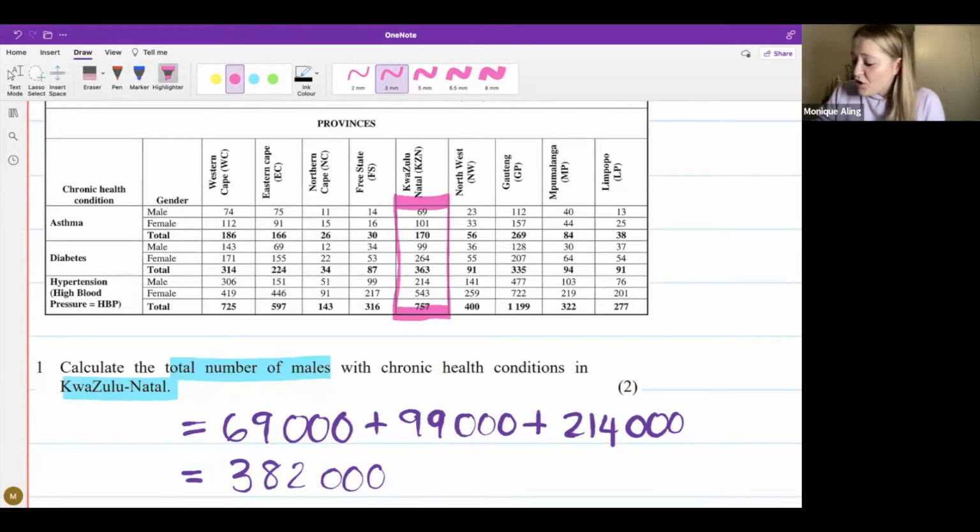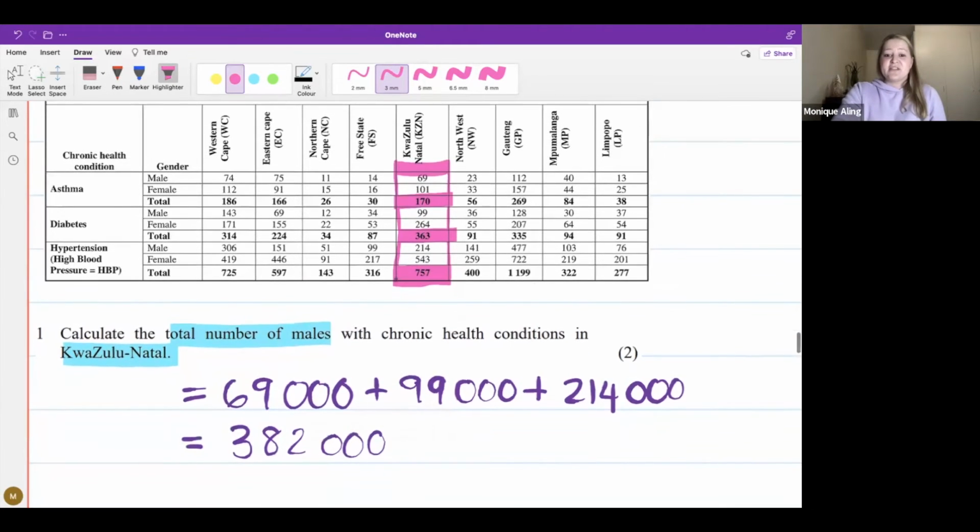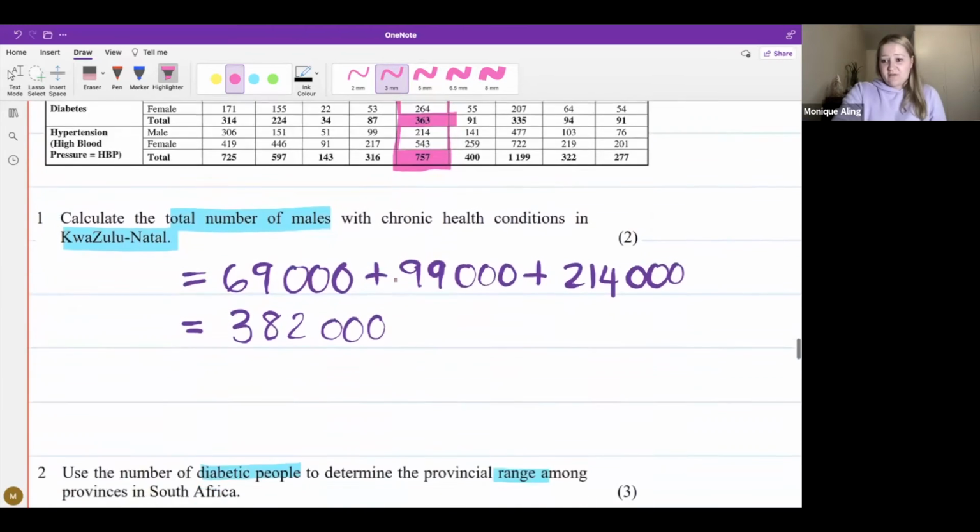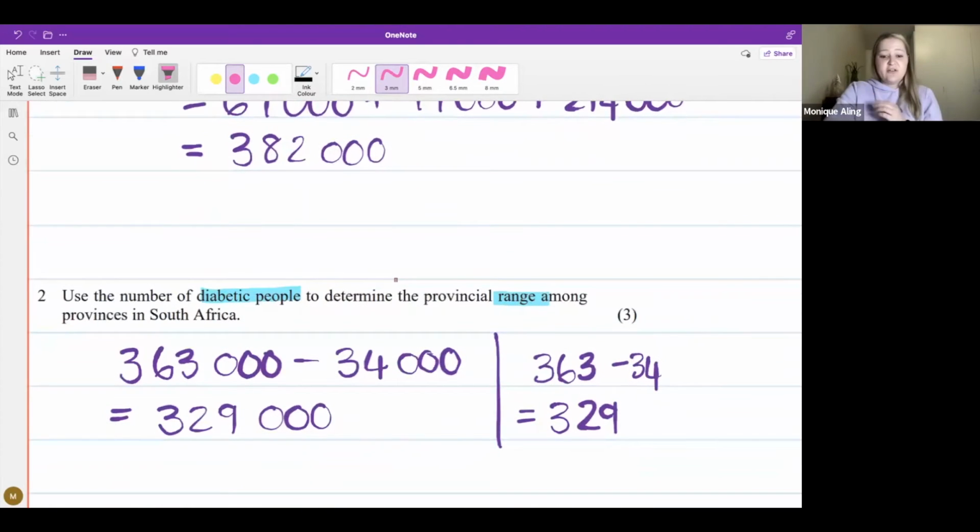So we're going to take the total: 170,000 people with asthma, 363,000 people with diabetes, and 757,000 people in KZN with hypertension. That's the first step, working out the main total in KZN.